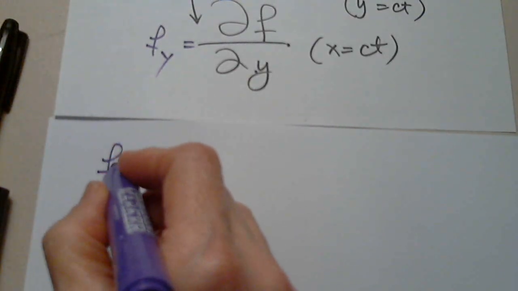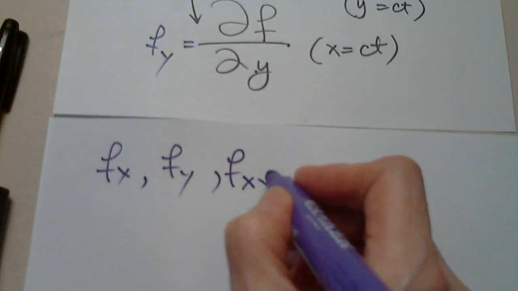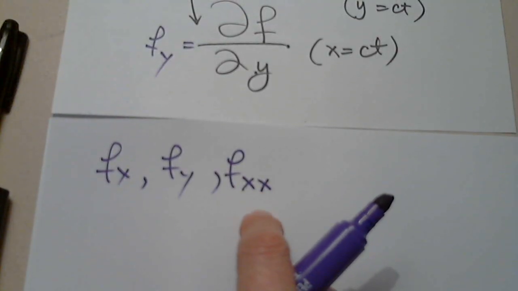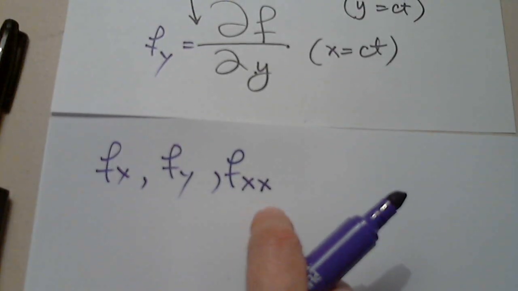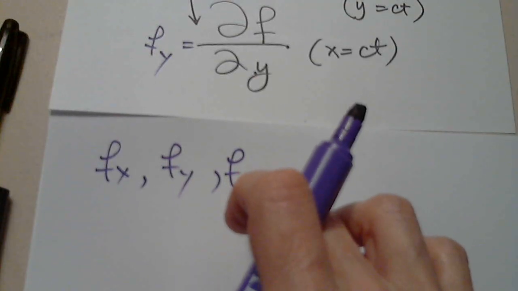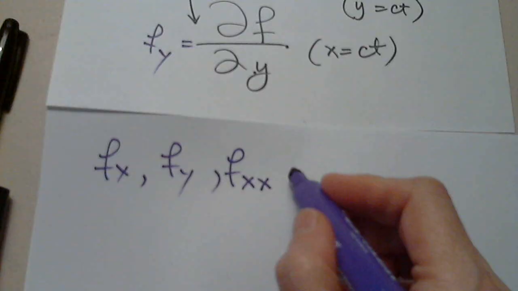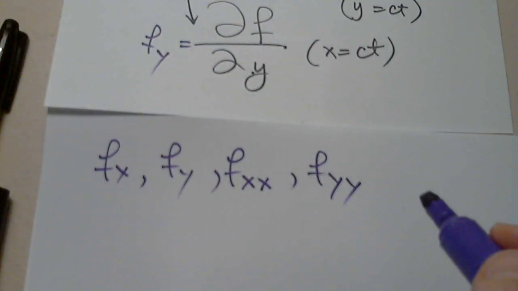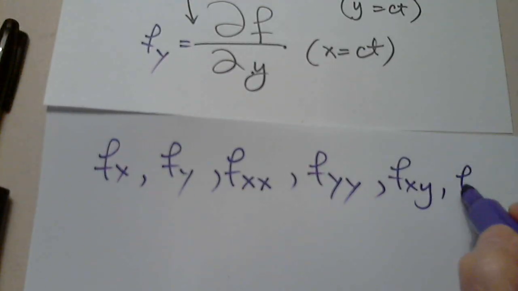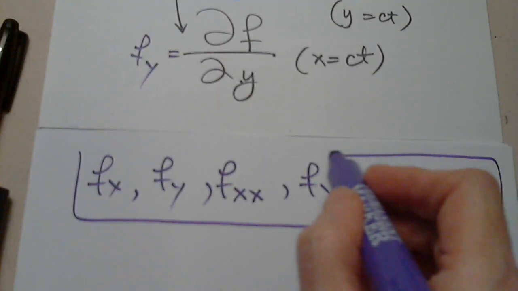We have fx, fy, and fxx. What is this? I differentiate the function with respect to x and I differentiate it again with respect to x. So this will be the second partial derivative of the function f with respect to x. And also we have fyy. And of course, we also have fxy and fyx. And that's it. I promise, only these 6.